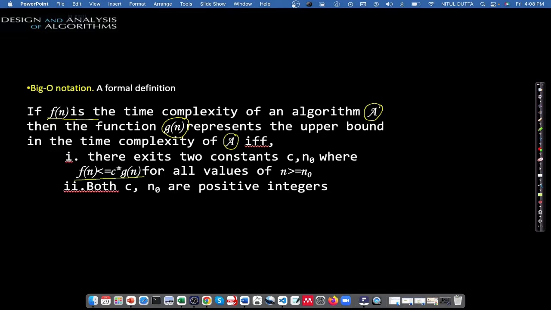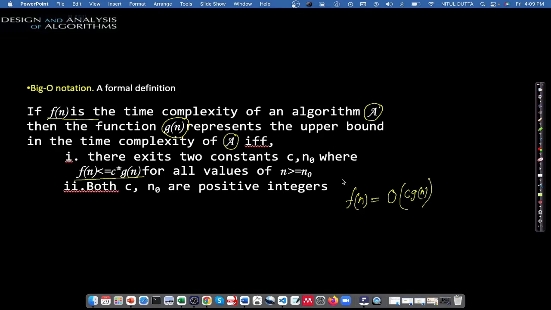And number two, both c and n naught are positive integers. When we represent the upper bound of time complexity with big O notation, we write f(n) equals big O of c of g(n).